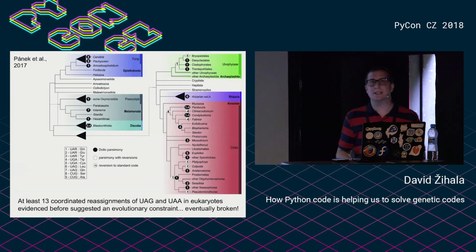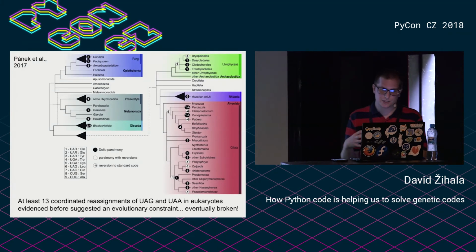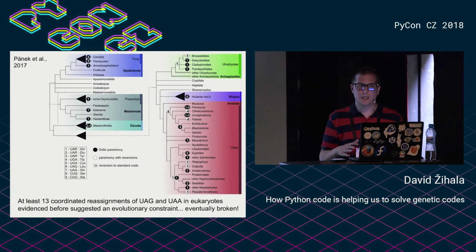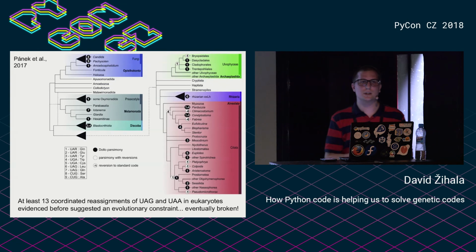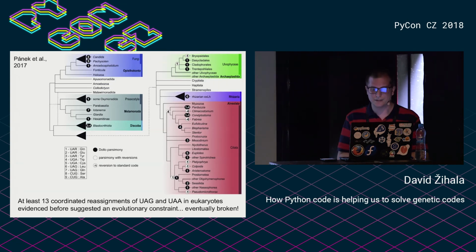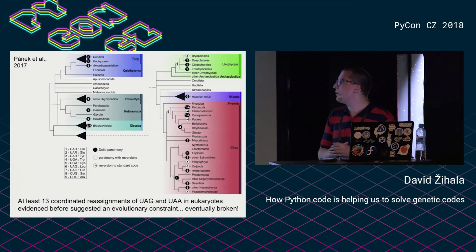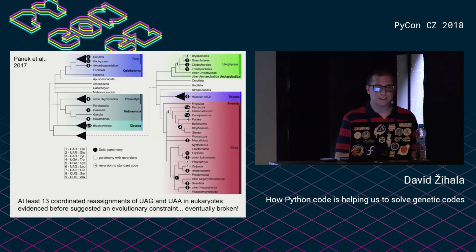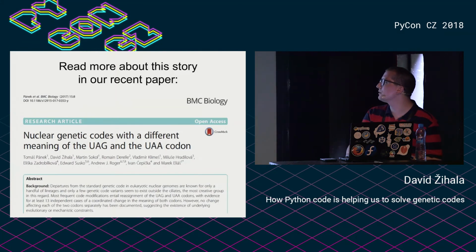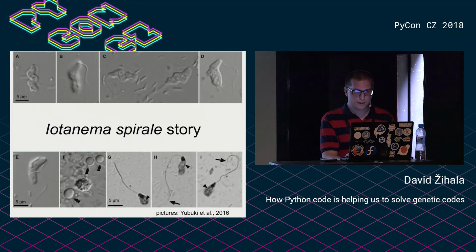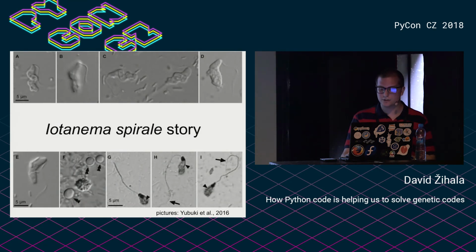So people thought that there is some restriction that they always have to code the same thing, and we eventually broke this constraint, let's say, which is very important because things like this, they're helping us to better understand translation. And you can read more about it in our recent paper from last year, and I will tell you how we did that. And I will tell you Yotanema spiralis story, actually.